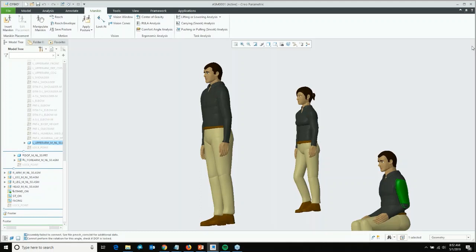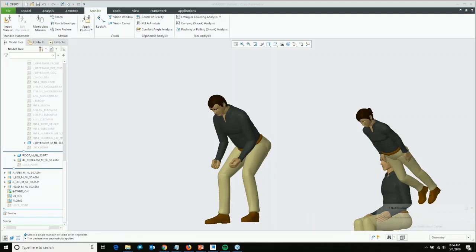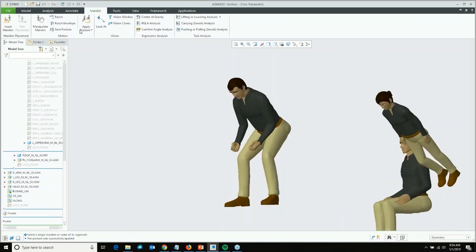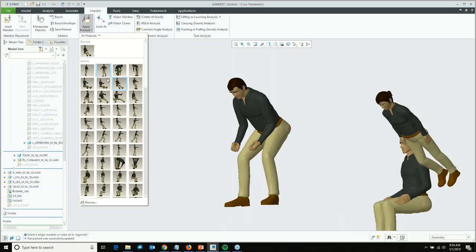we'll take this posture and apply that to this mannequin. Essentially, it took this posture over here and applied it to this mannequin.